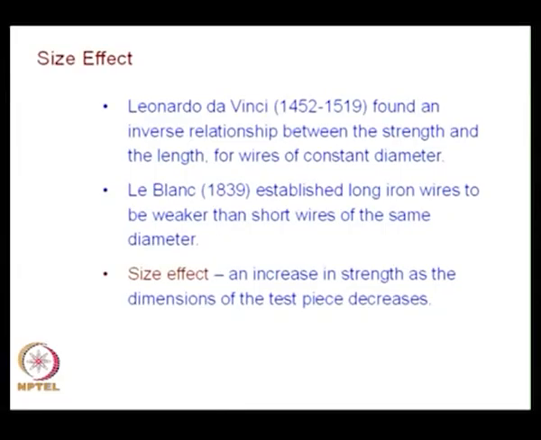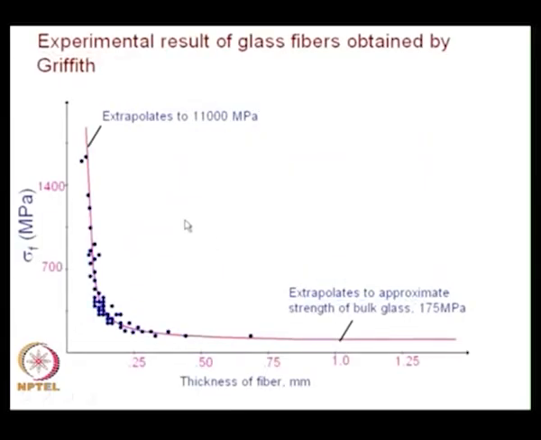So, in those days when they were struggling to find out why the theoretical strength was not achieved in actual practice, they observed when the size of the specimen decreases, the strength increases. They needed an explanation for this, and this was the aspect which Griffith was concerned about, and he felt that the size effect is actually a crack size length effect.